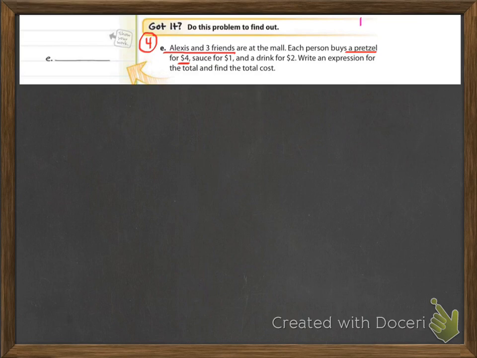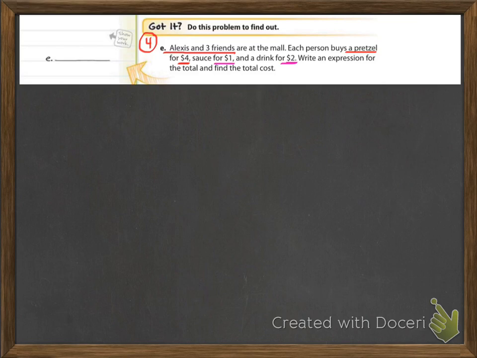So they buy a pretzel for $4, then they buy sauce for $1, and they buy a drink for $2. So now we need to write an expression for the total, and then to find the total cost. So just like we did before, I'm going to change this up into 3 different colors now.